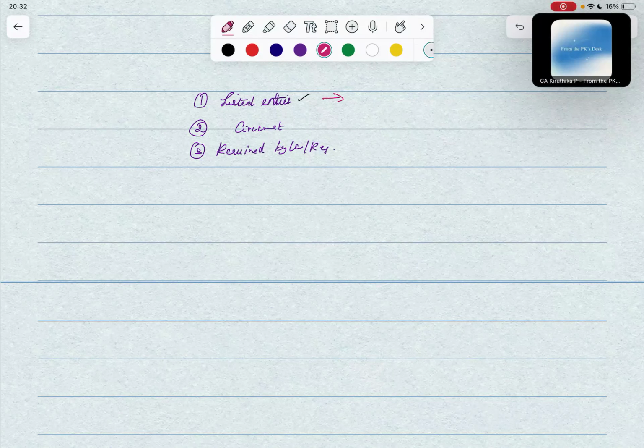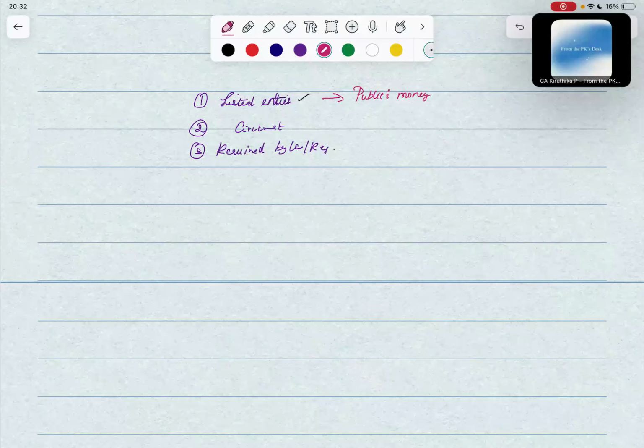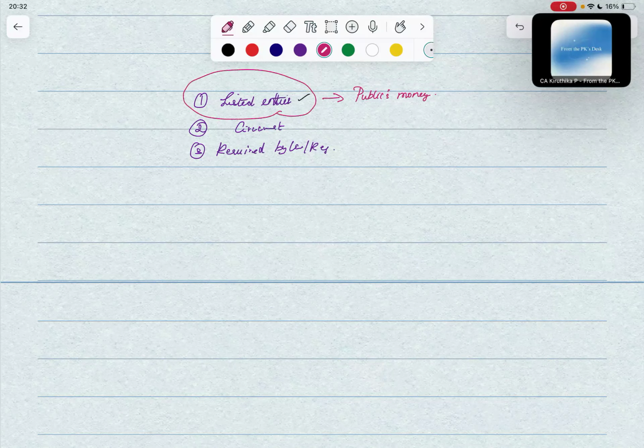Yes, that's true. It's because it involves the public's money. The public has invested, or is going to invest, based on the financials and the audit report. So since it involves public money and also public interest, for listed entities it is very, very mandatory.